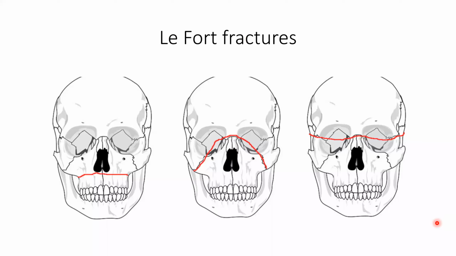Le Fort was a French army surgeon in the north of France, in a city called Lille, and he did multiple experiments. Actually, it was on cadavers, but he classified, and up till now, he died, I think, in 1951, but up till now, his classification is famous and is accepted by the whole world.